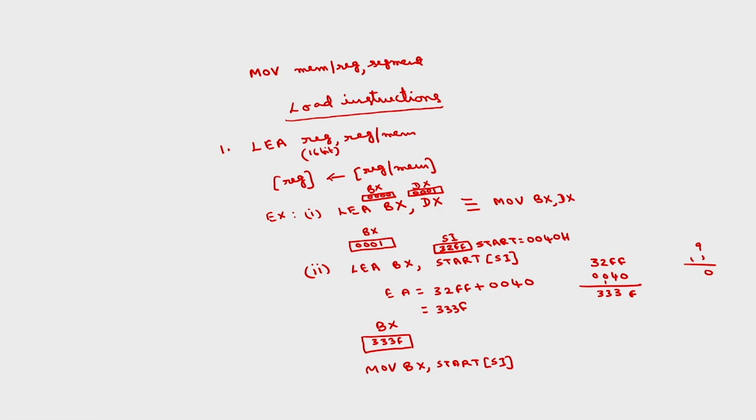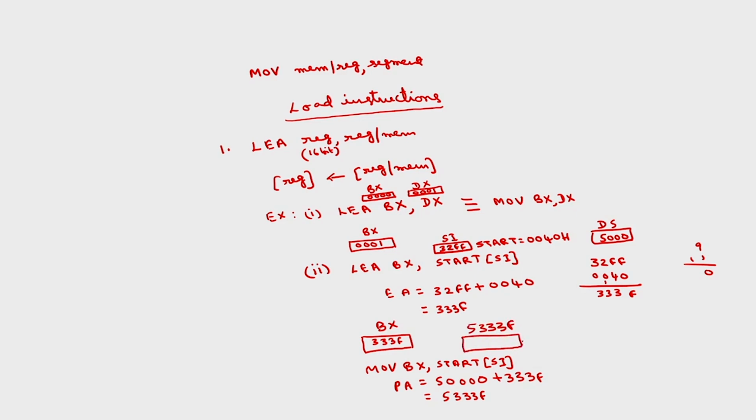So, this is the effective address, and the physical address, if I assume that the data segment is 5000, will be 50000 plus 333F. So, this will be 5333F.